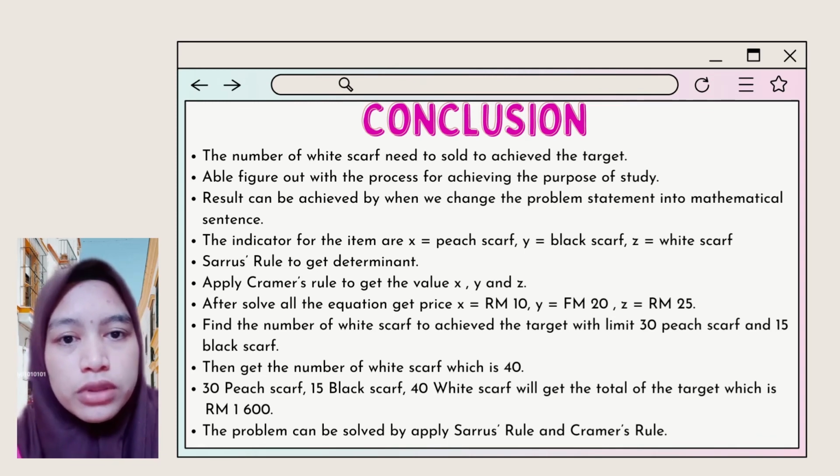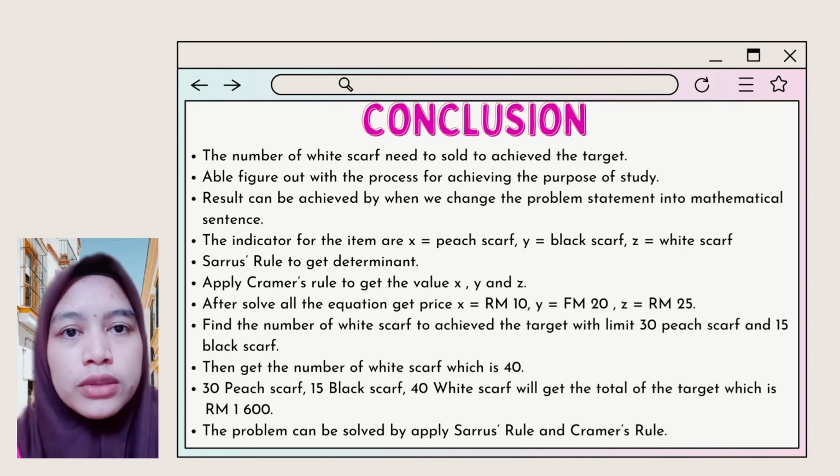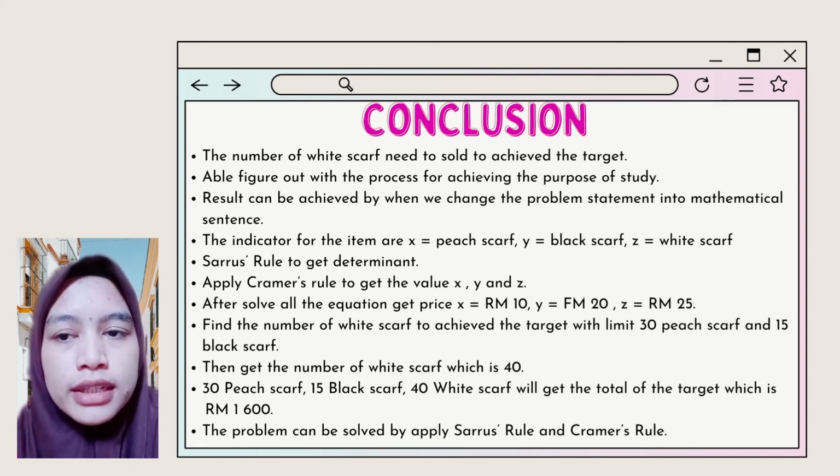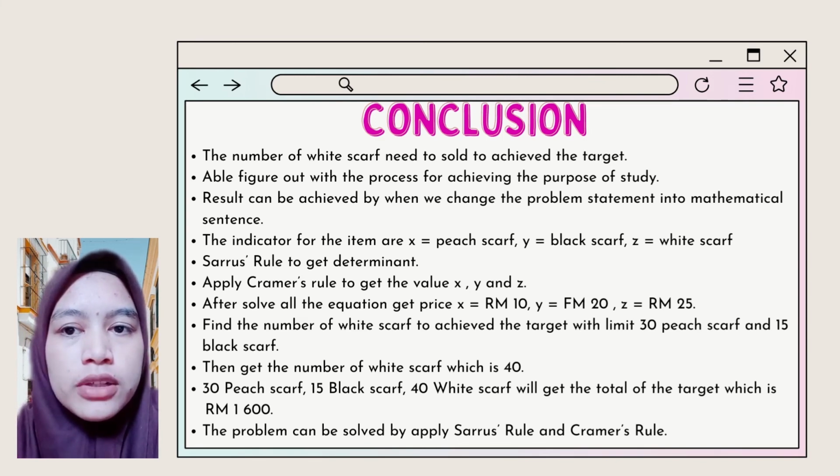For Sarrus's rule, we use it to get the determinant, and then we apply Cramer's rule to get the values for X, Y, and Z. After all the questions have been solved, we get the answer: X is equal to RM10, Y is equal to RM20, and Z is equal to RM25.